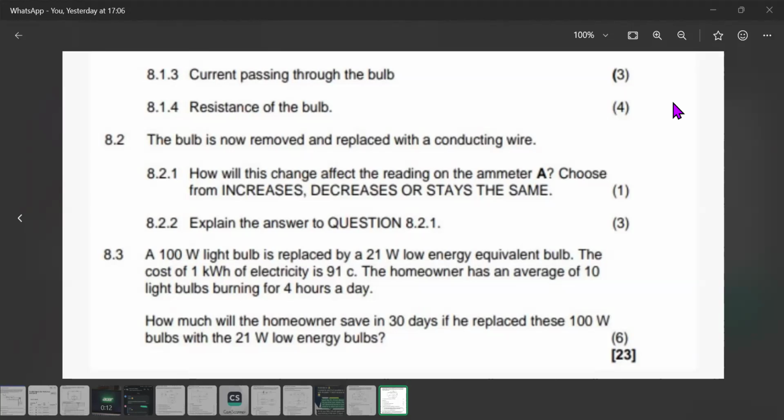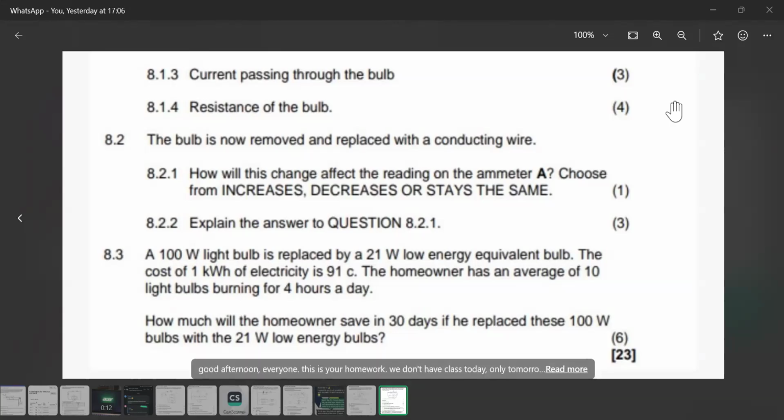We need to calculate the cost for the 10 100-watt light bulbs, and we also need to calculate the cost for the 10 21-watt light bulbs. Then in order to find how much he will save, we'll say the bigger cost minus the smaller cost. The difference of those is what the owner will be saving.